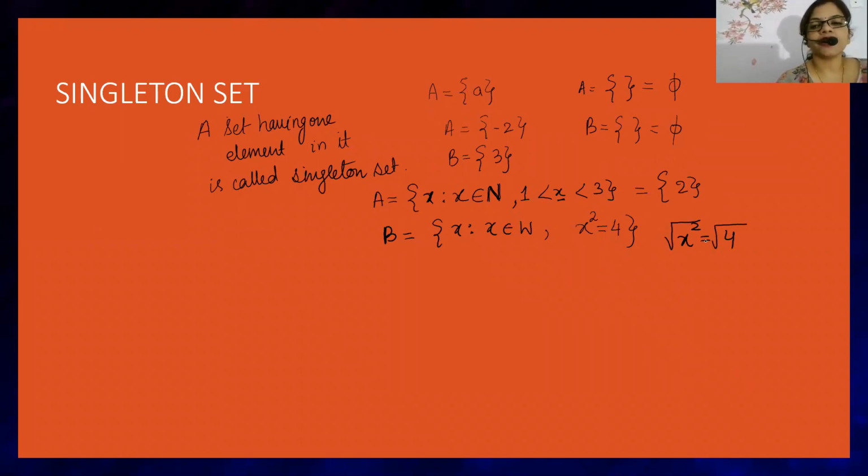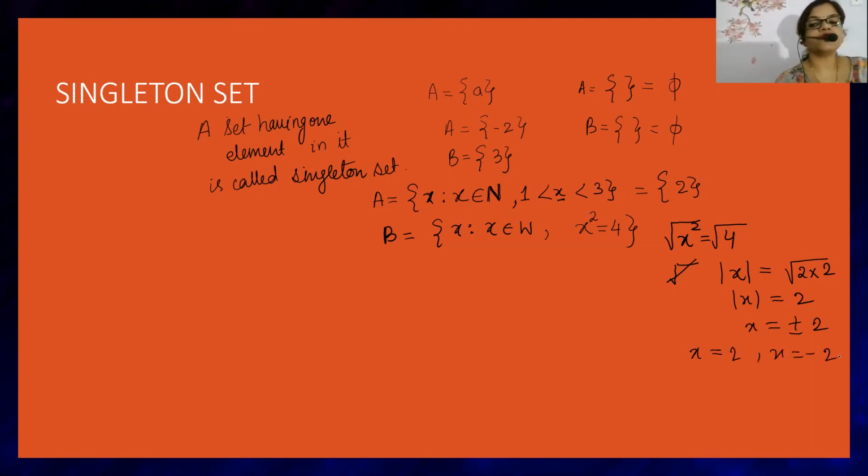The square root and the square cancel, giving modulus of X, and this side is exactly the square root of 4, which is 2 into 2, so 2 comes out. Now once the modulus of X is resolved, it is written as plus minus 2. So X is either 2 or X is equal to minus 2.